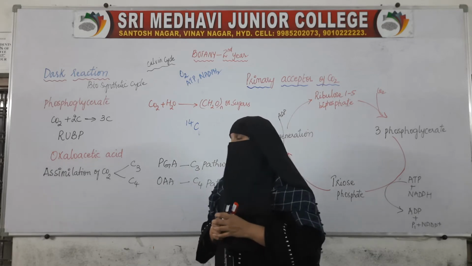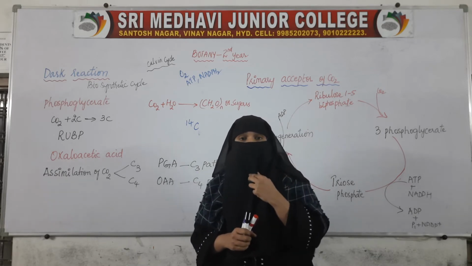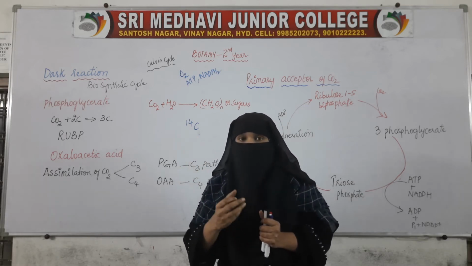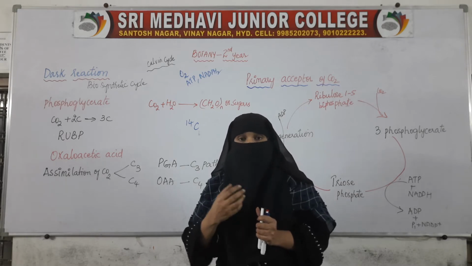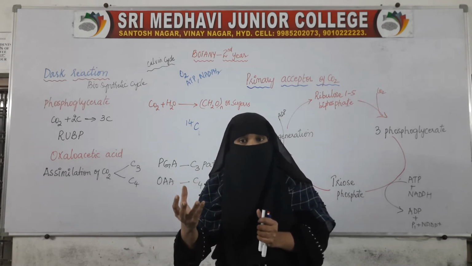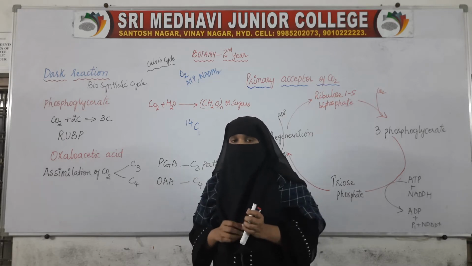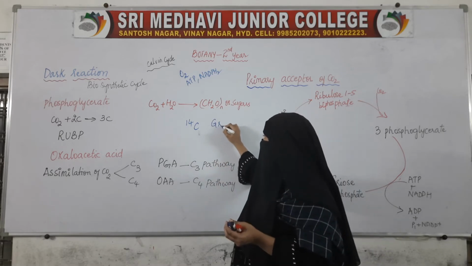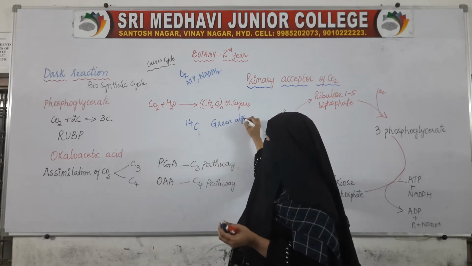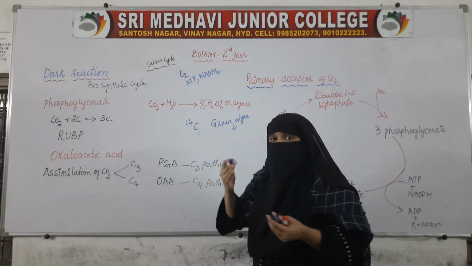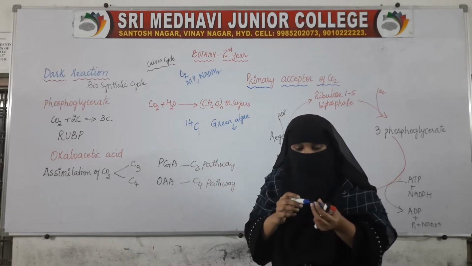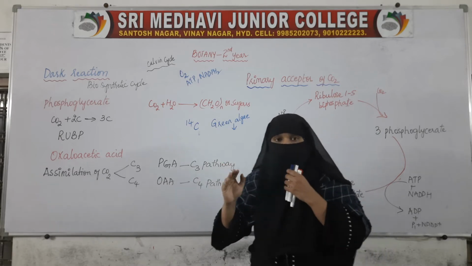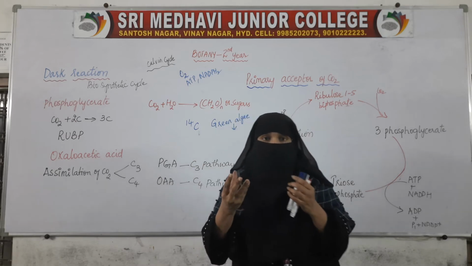So now, Melvin did the experiment by using this C14 radioactive carbon. For his experiment, Calvin took green alga, blue-green algae, and allowed the algae to perform the process of photosynthesis for some time.